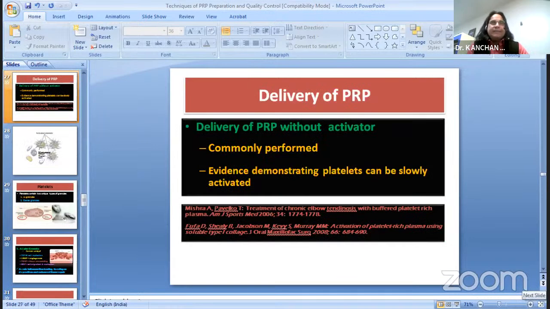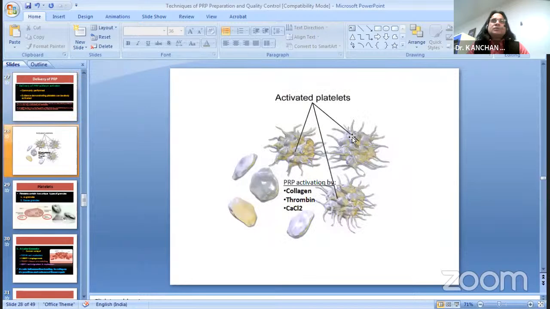Delivery of PRP. Generally, people are using PRP without activation, but according to the publication evidence, it must be activated, because without activation the PRP's platelet concentration and growth factor are very low, so it must be activated. You can activate your PRP with collagen, thrombin, calcium chloride. There are two methods to activate platelet plasma.